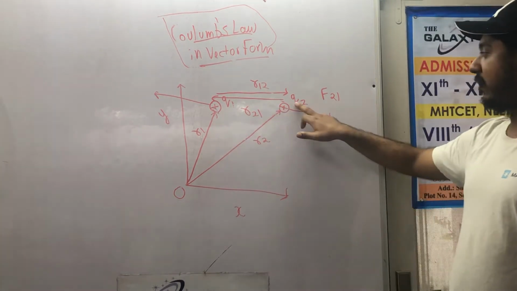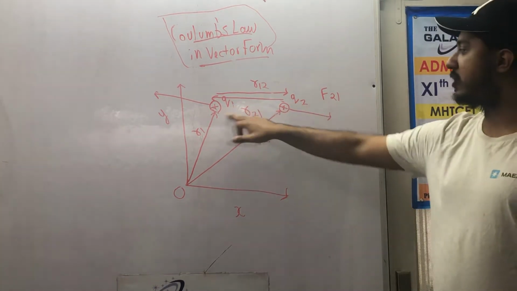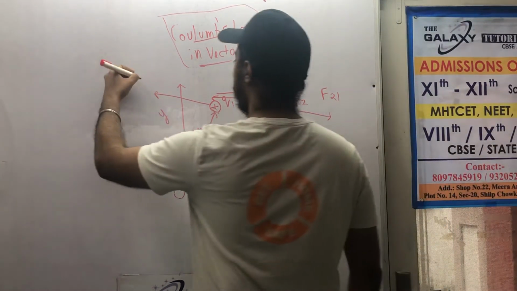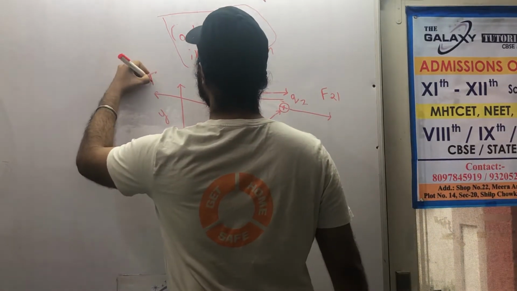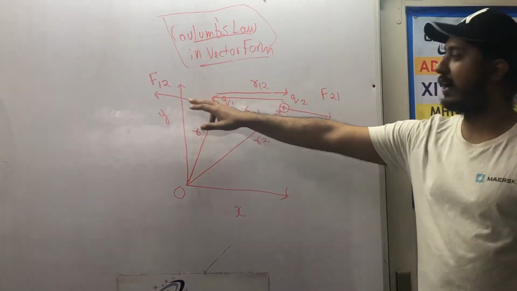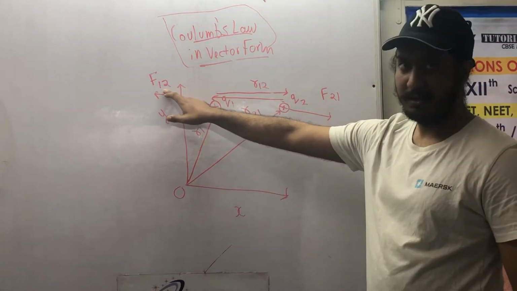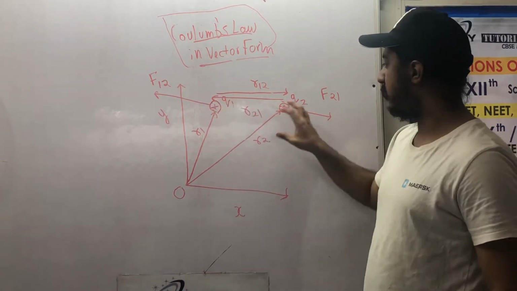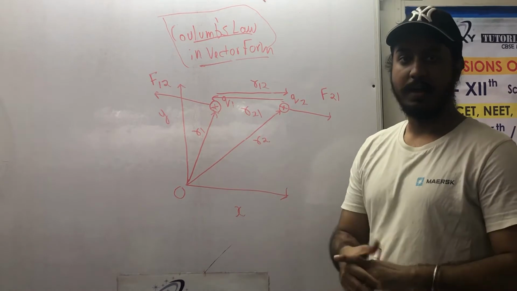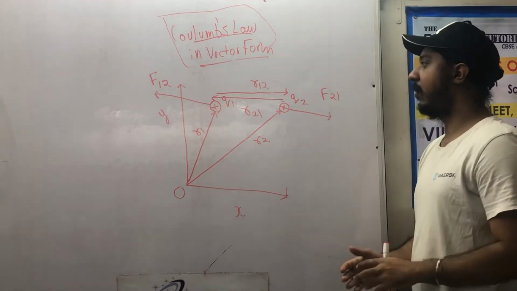Okay, force acting on charge 2 due to charge 1 you will represent by F21. Okay, and here the force I will write as F12. What does F12 mean? Force acting on charge 1 due to this charge 2 is known as F12. Okay, now I hope that is clear to you all.